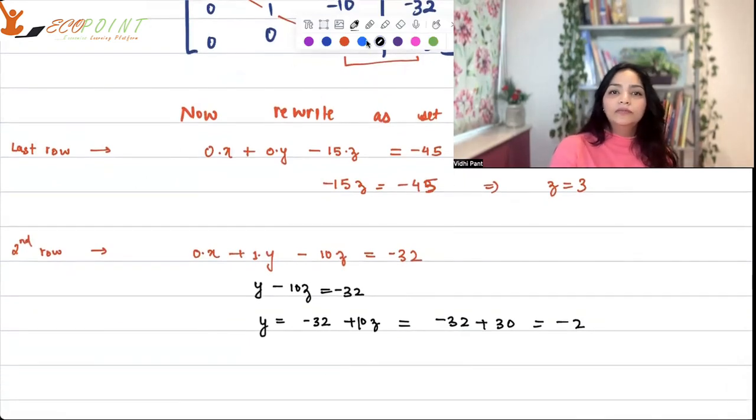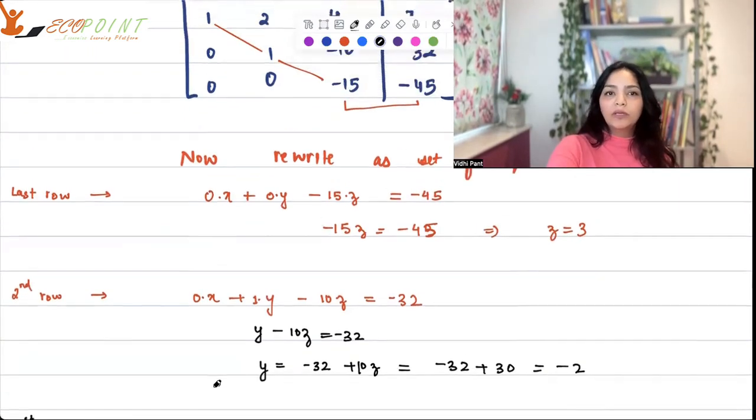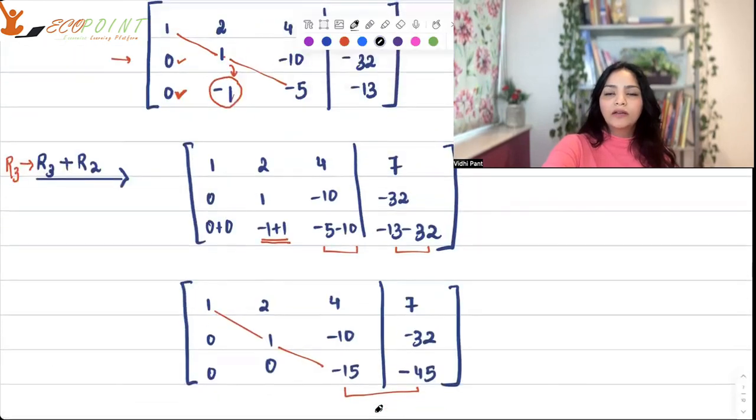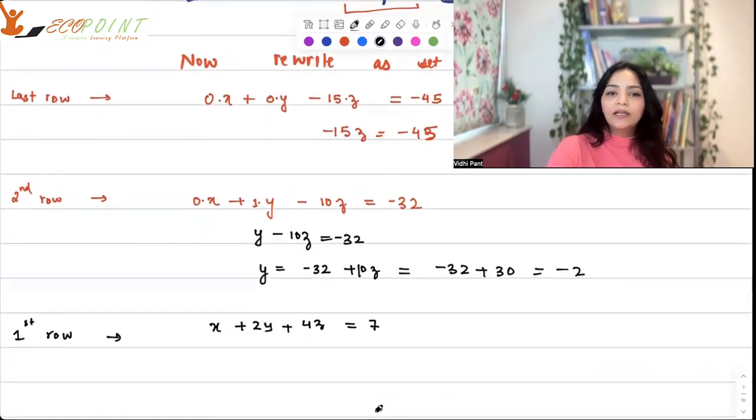Now, let's write down the first row as an equation. So the first row as an equation gives me x plus 2y plus 4z is equal to 7, which was our first equation. I have the value of y, I have the value of z, so it's easy for me to find the value of x.